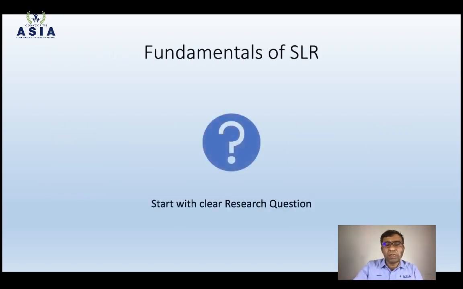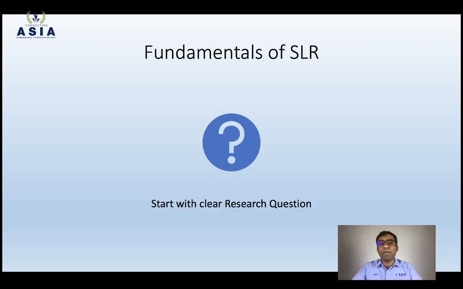Okay, these are the fundamentals of systematic literature review. Remember, when you are writing a systematic literature review, we need to start at some point, and that point is asking a question, a research question. Always start your systematic literature review with a very clear research question.